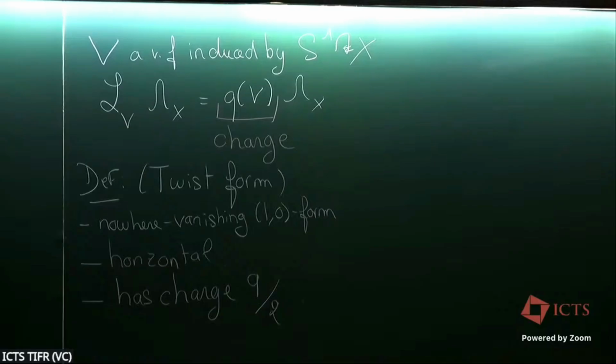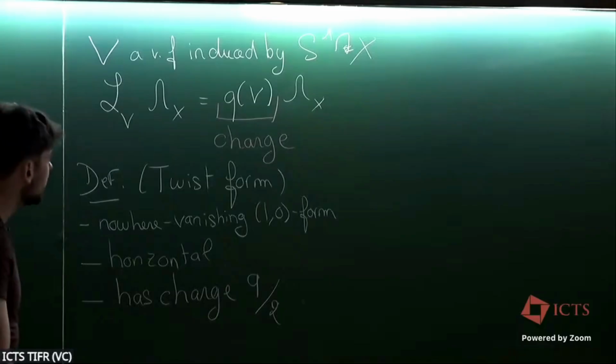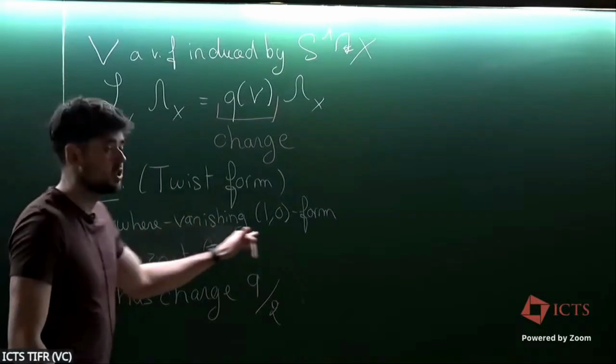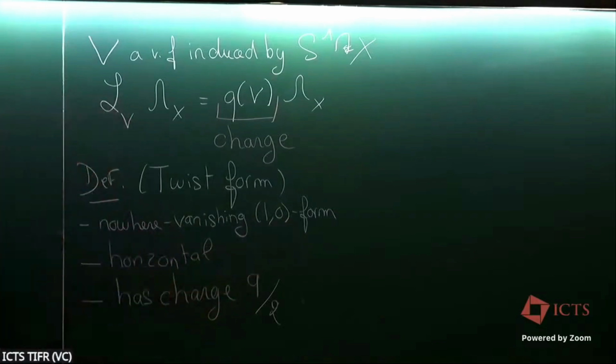And so with all these ingredients, I can cook up some Gaussian structure on Y. The way I see this alpha is the following. Because it is a nowhere vanishing 1-0 form, I can see it as a form that gives me a direction in the fiber of my holomorphic tangent bundle. And here, notice that I'm taking its conjugate.